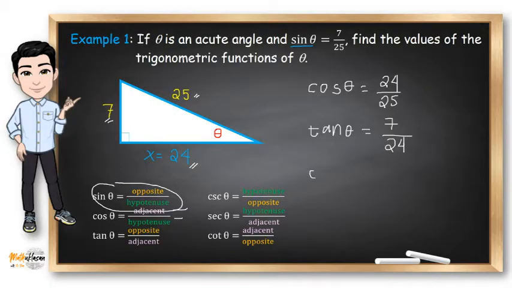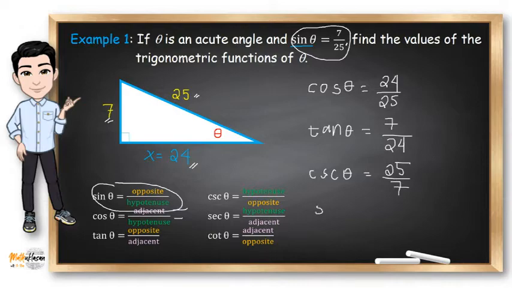Okay, to get cosecant, well, pwede nyo gamitin yung shortcut na tinuro ko na SOH-CAH-TOA. Pero alam nyo, kung alam nyo yung sine theta dito sa taas, tignan nyo itong sine theta dito sa taas. Baliktarin nyo lang yung numerator and denominator ng fraction na to. You'll get 25 over 7. So that is cosecant theta.